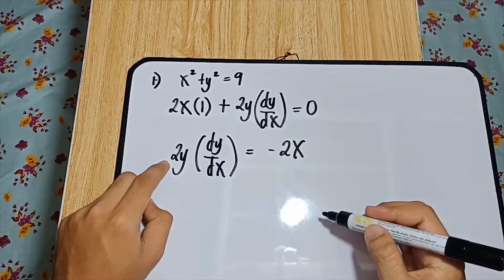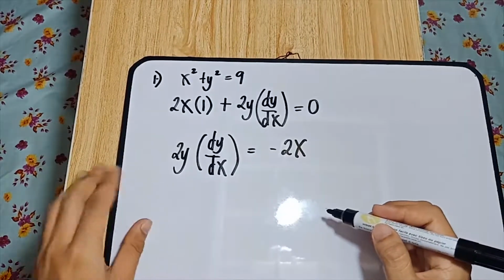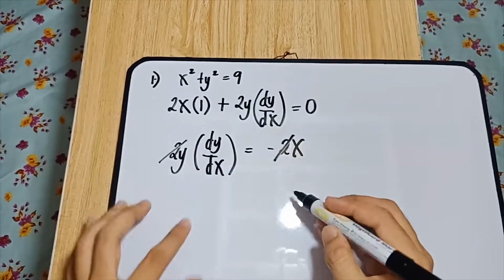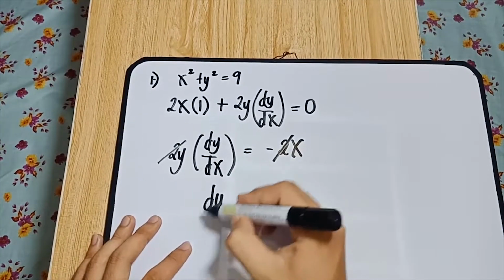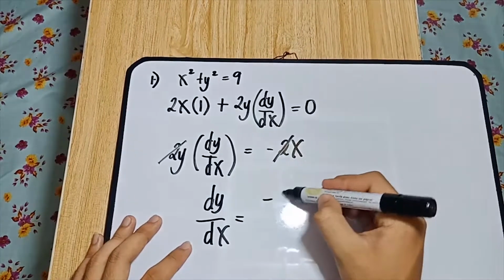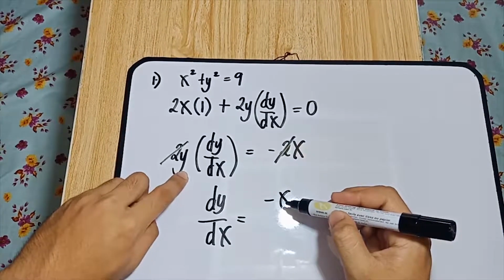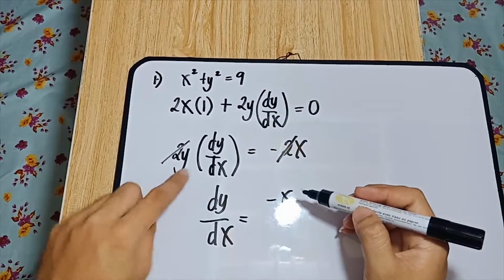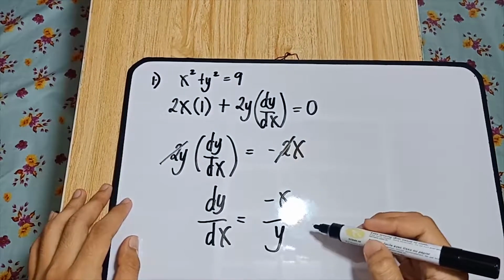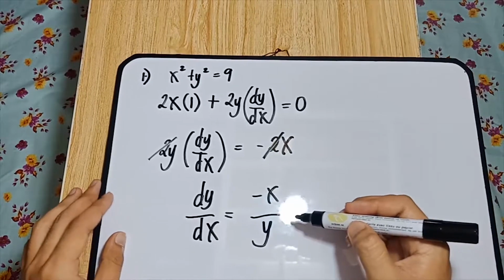So we have 2 dun sa kaliwa at meron ding 2 dun sa kanan. So cancel out lang natin yan. Meron na tayo ngayon dy over dx is equal to negative x over y. Ito, di-divide lang natin yan, both sides. So matatanggal na yung y dito, mapupunta dun sa kabila. And that is our final answer.